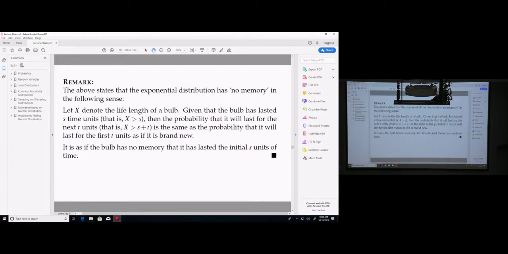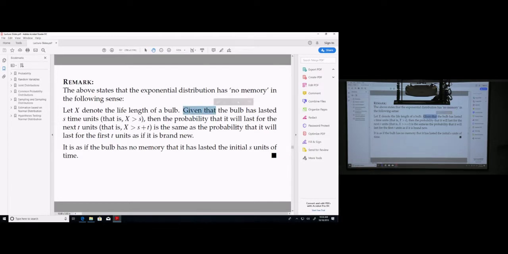Now, the remark here, just repeating what I have mentioned. The above states that the exponential distribution has no memory in the following sense. Let X denote the life length, the lifetime of a bulb, given that the bulb has lasted s time units. So this is given, all right, condition on this.